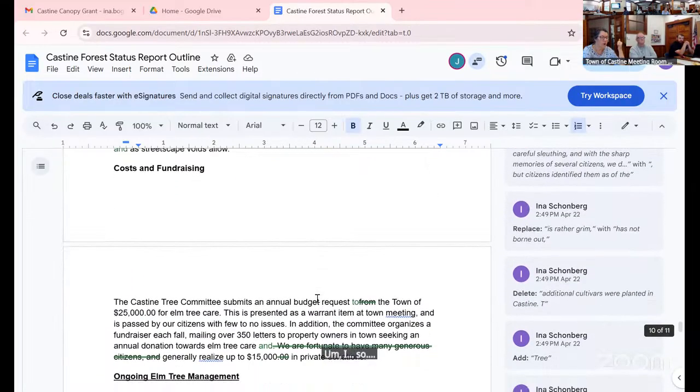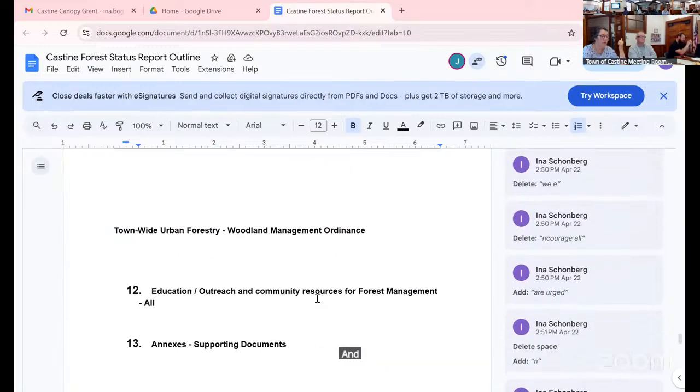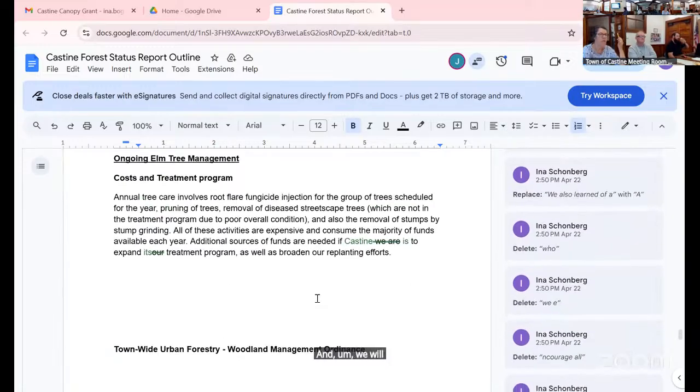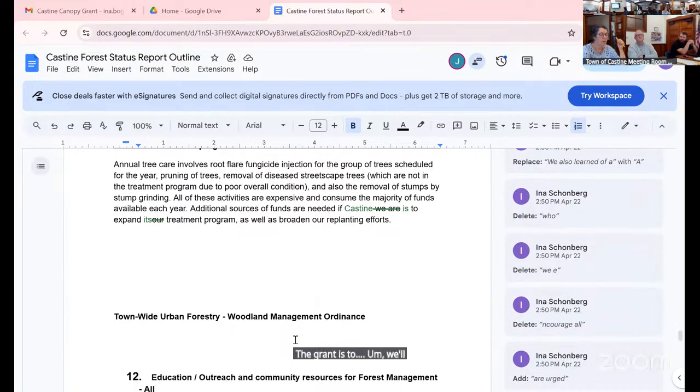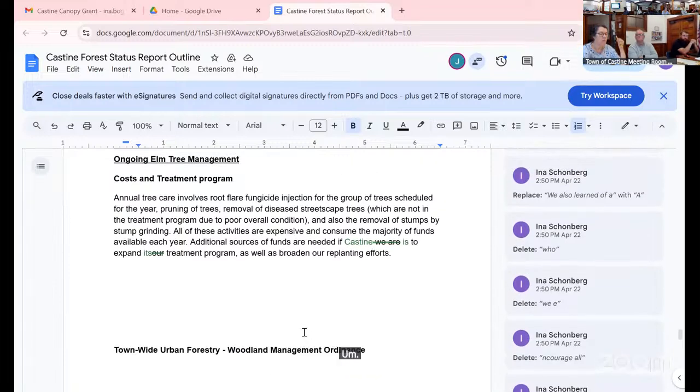Don talks about the costs and the fundraising, and one of the things that we've agreed to in the grant is to describe here an approach to what a woodlands management ordinance might look like.